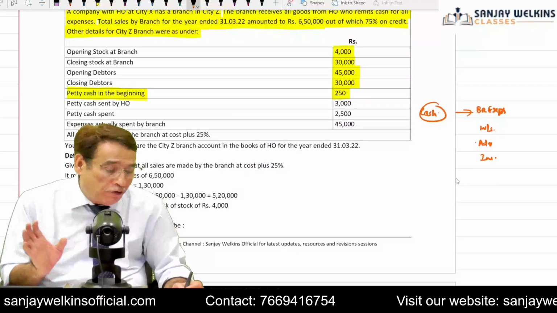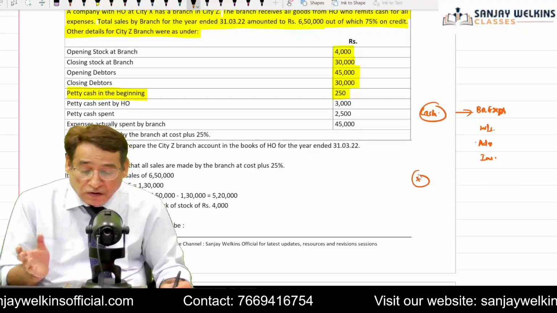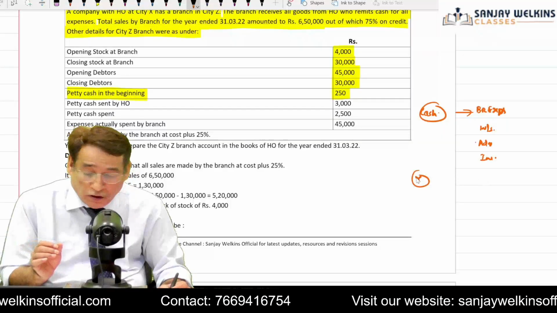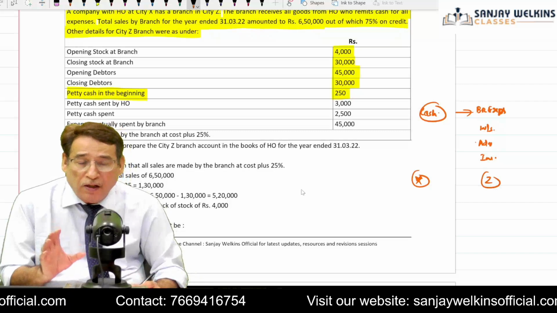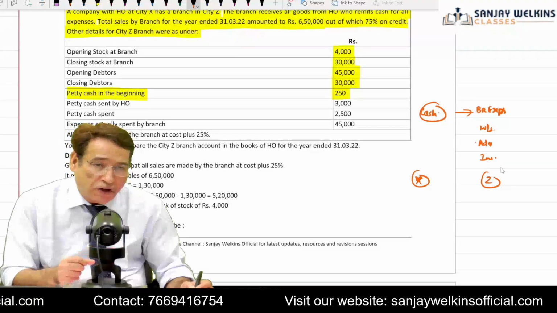Now presume for a while that head office is in city X, right? And branch is in city Z, correct? Branch is located at a different region.